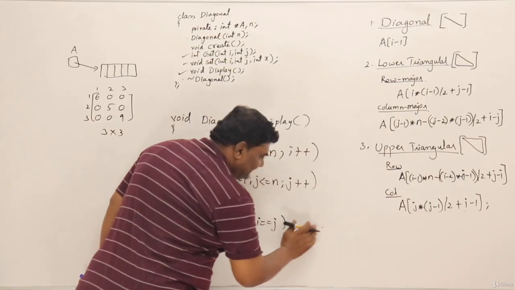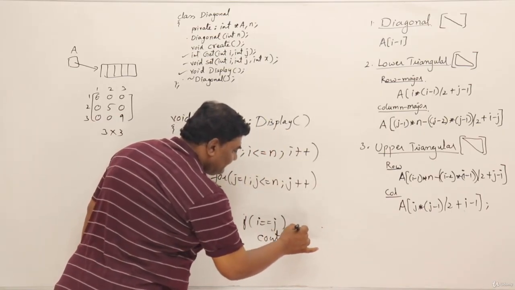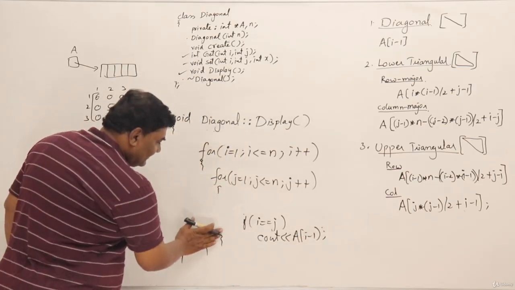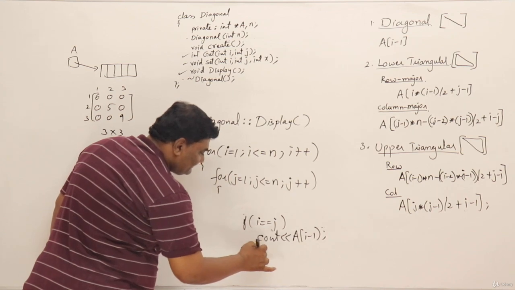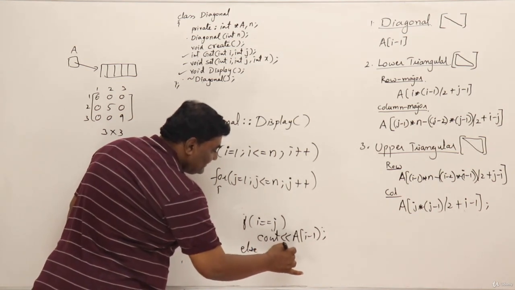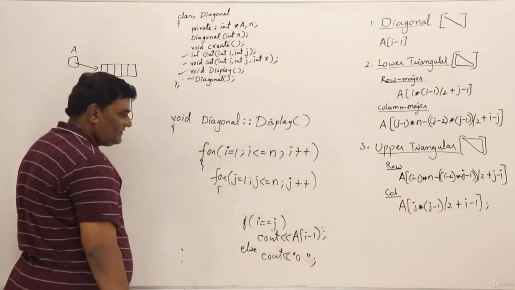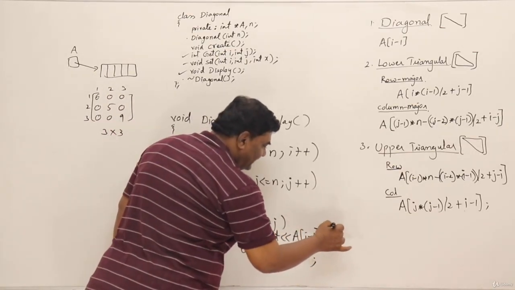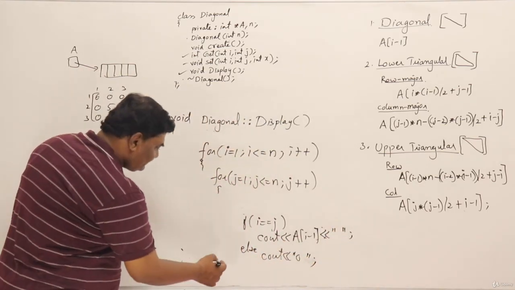So for a diagonal matrix, say cout a of i minus 1. When? If i is equal to j. Otherwise, if i is not equal to j, then else cout 0. Give some space also. Here also I should give some space, so that space is given in between every element. That's it.